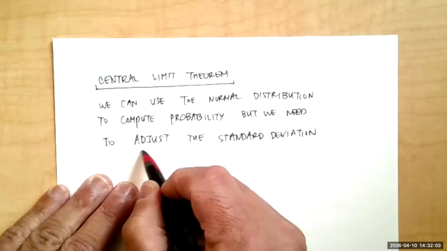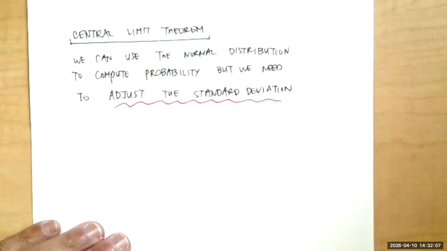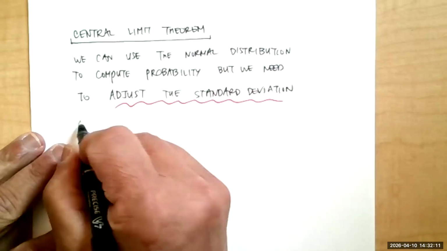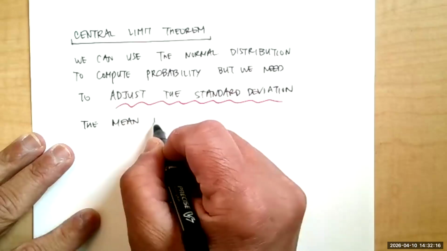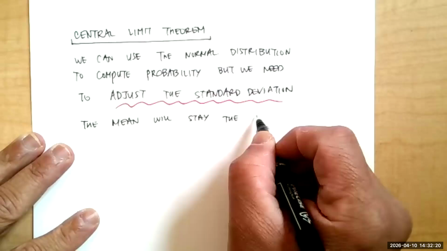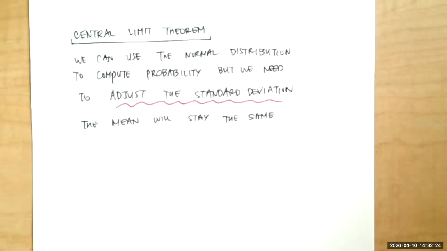So now we need to make this recalculation for our standard deviation. But here's one key point: the mean will stay the same. And we'll see that in relationship to our proportions as well.